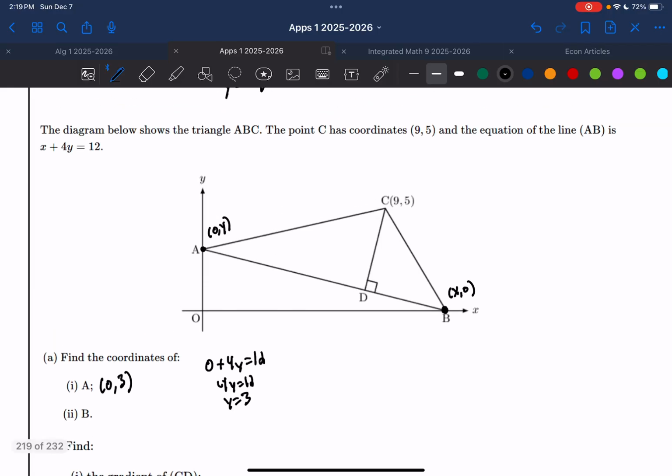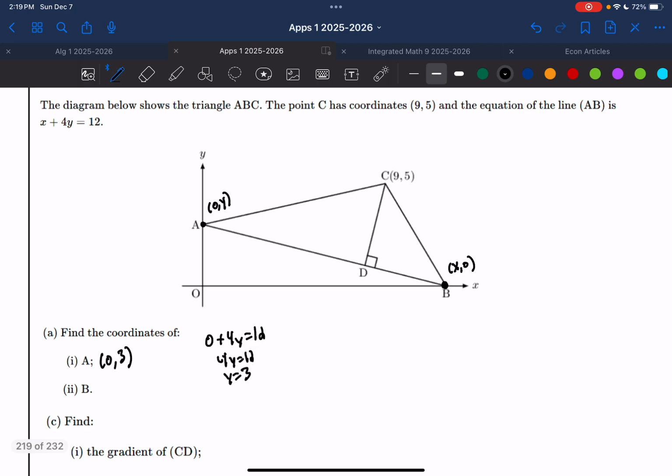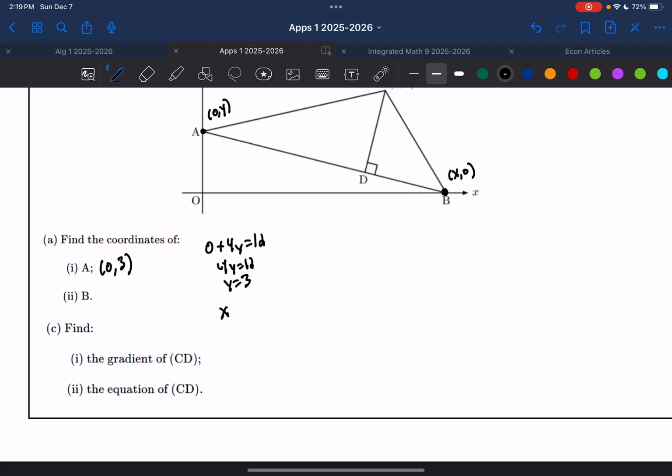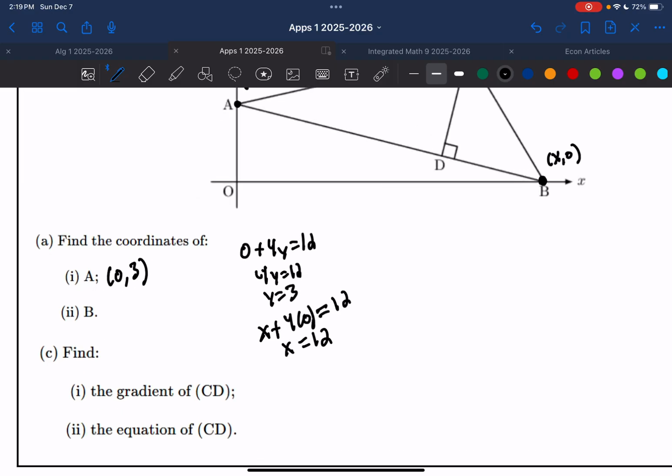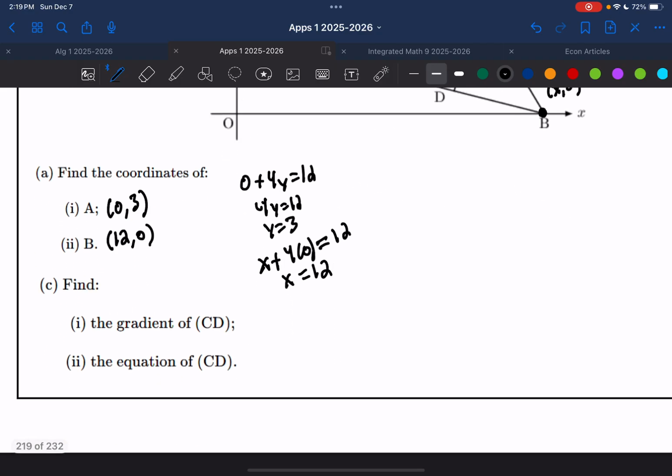And then for B, we're going to plug in 0 for y, and so we get x + 4 times 0 = 12, which is the original equation, meaning that x is just equal to 12, because 4 times 0 is 0. So B is going to be at (12, 0).